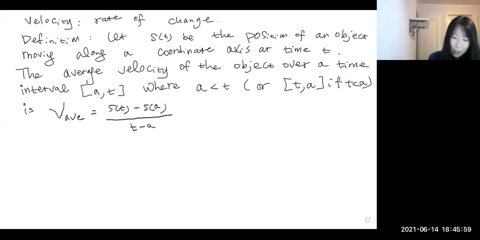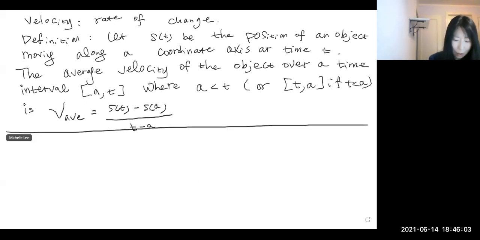Now, instantaneous velocity, we talk about limit later on. Let me write down.